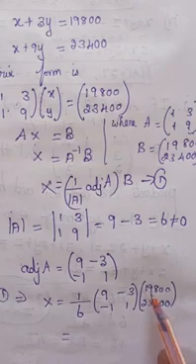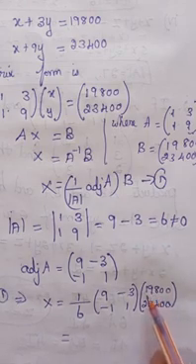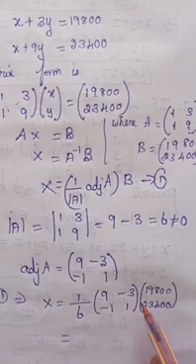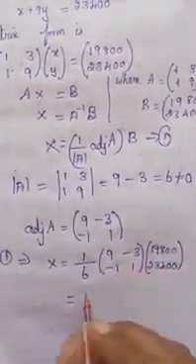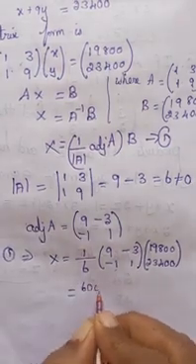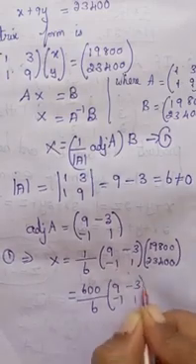And again 18 is there. 6 3s are 18. So we can take 600 outside. If we take 600, we have 9, minus 3, minus 1, 1.